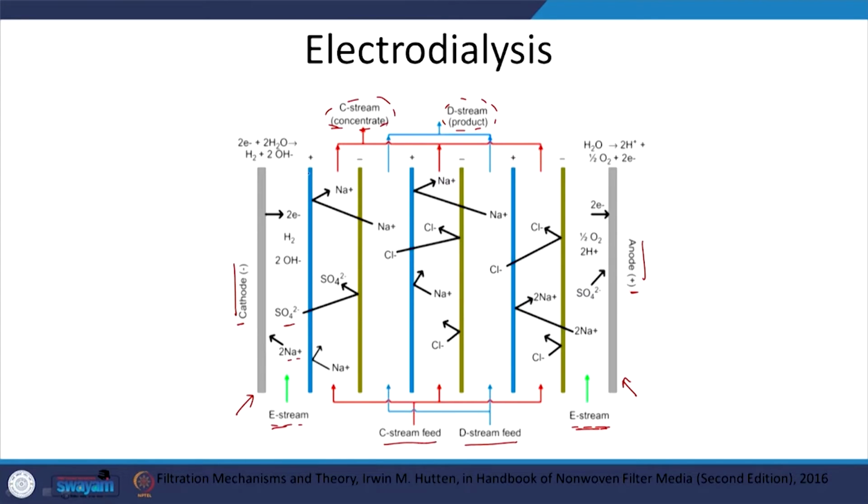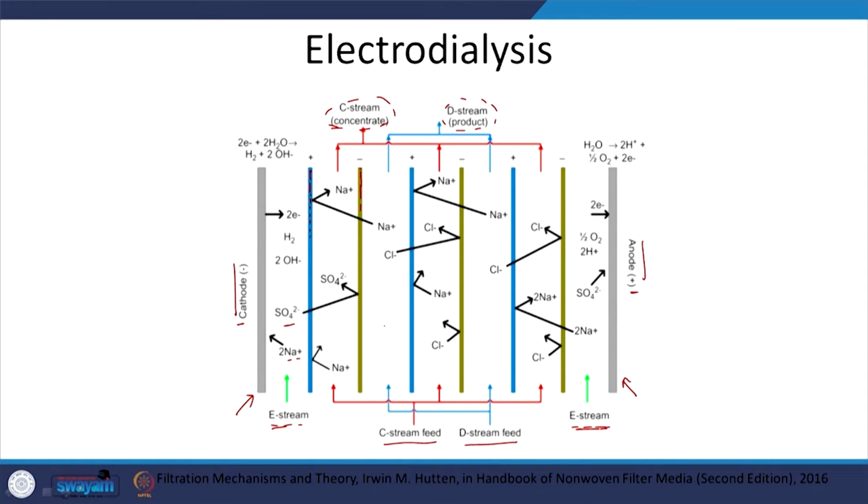So, what are the roles of these ion selective membranes? They will only let either a cation go or only an anion go through them, or migrate through them. This one is specific to cations, so it is not going to let anions through. This is specific to anions, so it is not going to let cations go through. Let us follow the streams here.